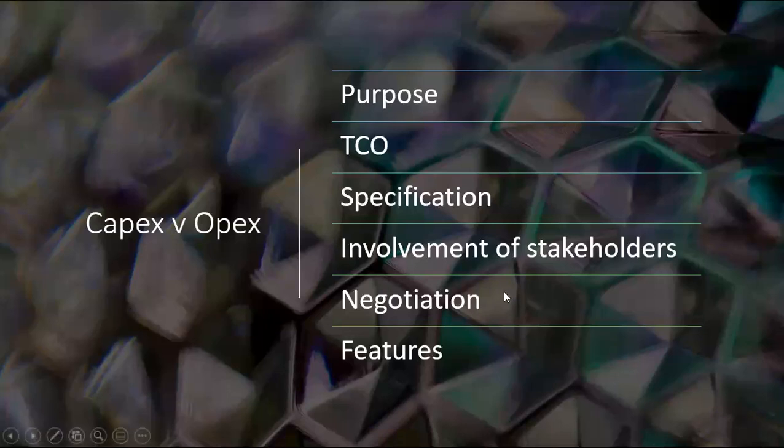Capex also has difficult negotiation because we have a lot of variables in Capex projects. And finally, we have other features to compare between Capex and Opex. Like Capex projects tend to be very costly, so an organization may have to borrow money from the bank to finance this purchase.